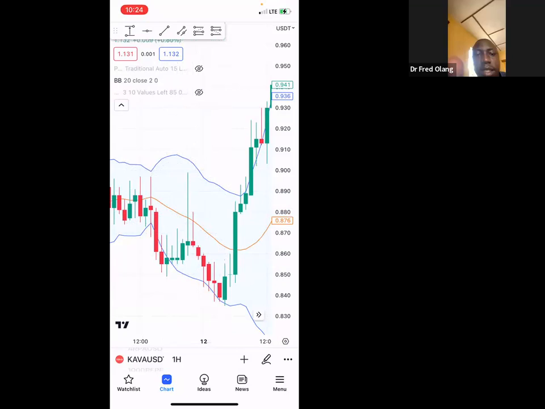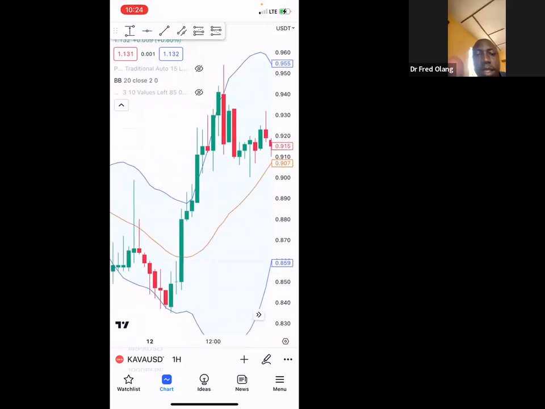So when we trade above the upper band, there are more chances of us coming down, because at this point we are 2 standard deviations away from the middle band, away from where we love to be. So if we are trading above the upper band, we are more likely going to come back.